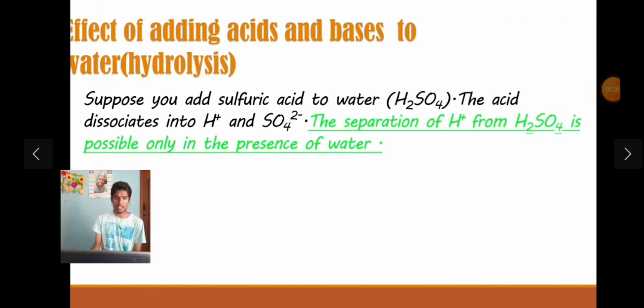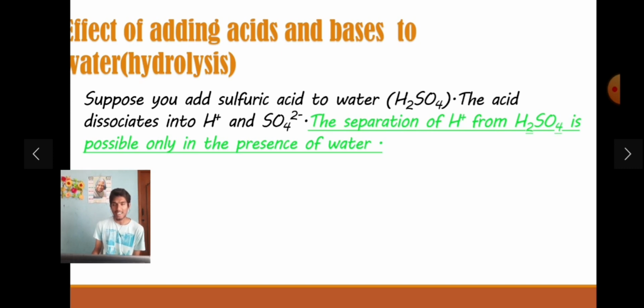Now let us learn the effect of adding acids and bases to water, which is also known as hydrolysis. Suppose we are taking sulfuric acid. We can take any acid, it doesn't matter, but it should be concentrated. And you have to do this in a laboratory, don't do it at home.